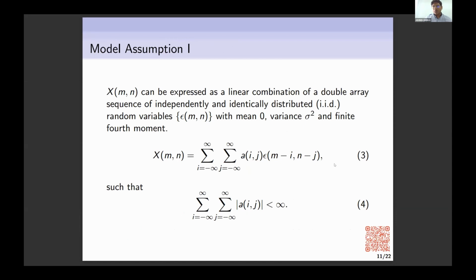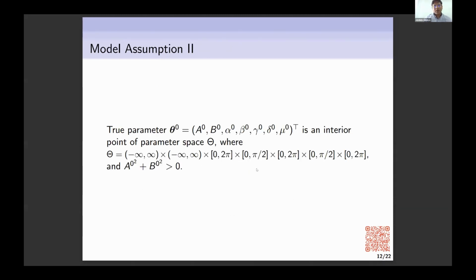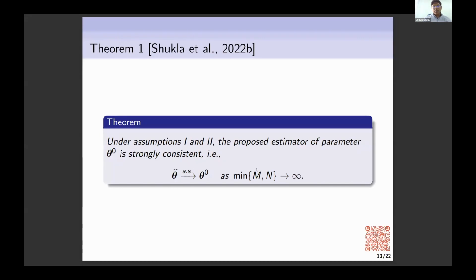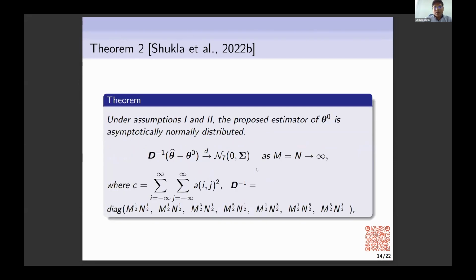These are the assumptions for deriving asymptotic properties of my proposed estimators. This X_MN is a linear stationary error, and these are some very relaxed assumptions. This is the theorem which proves the strong consistency of the proposed estimators, and then we have asymptotic normality with these not so usual rates of convergence corresponding to each parameter.